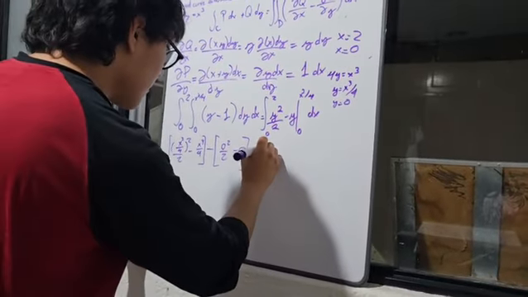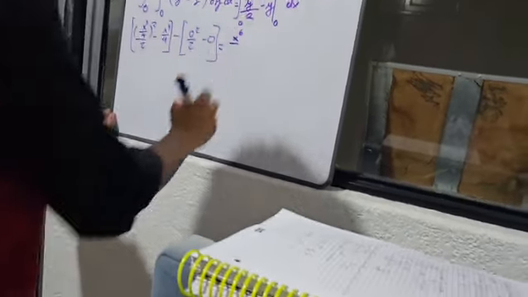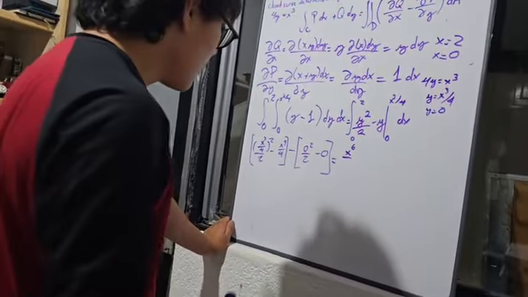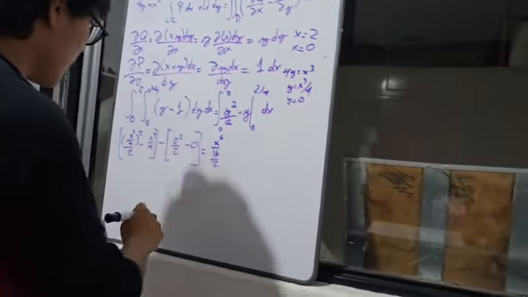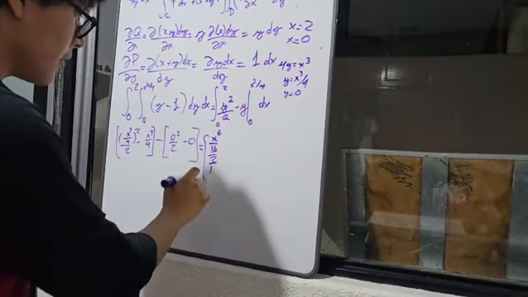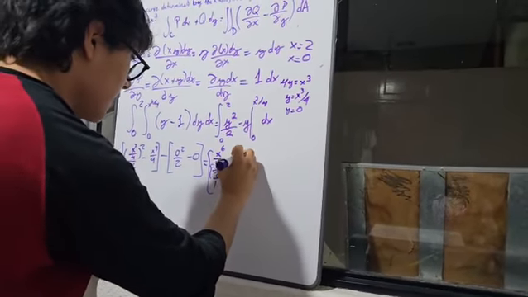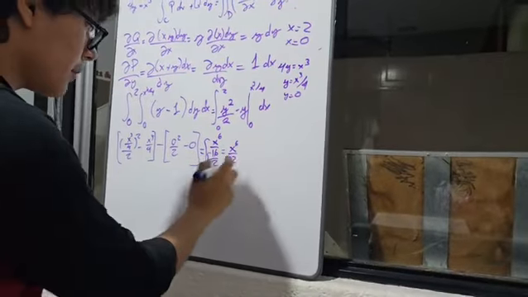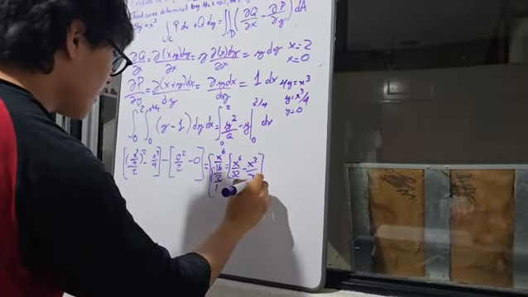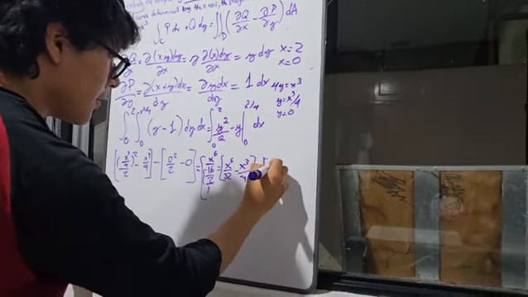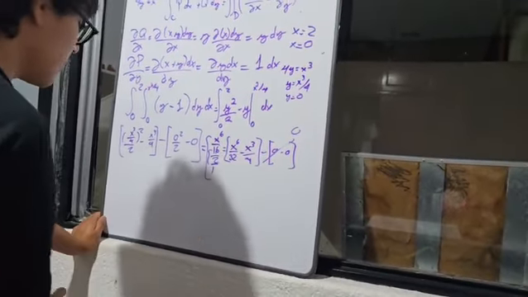So this is going to be x to the sixth over 16, and dividing by 2 it's going to be x to the 6 over 32, minus x to the 3 over 4, and minus 0, which is going to be 0. So we get this.